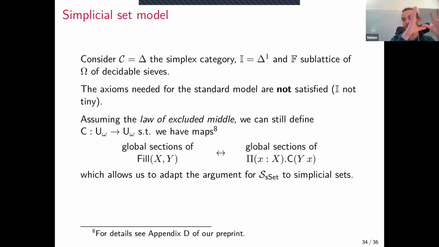So what I can derive cannot be homotopically different from what happens in the standard model. Somehow it says that I cannot derive something wrong, in the sense of the standard or simplicial set model, in this particular cubical type theory.